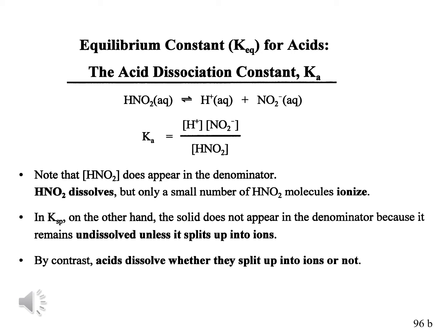So the solid's not involved in the equilibrium. The only thing that's in there is the ions. But in the case of an acid, that is not true. Acids dissolve 100% in water. The only question is how much splits apart. And so since the acid is dissolved also, you have to use it as aqueous, and you have to put it on the bottom of the fraction.